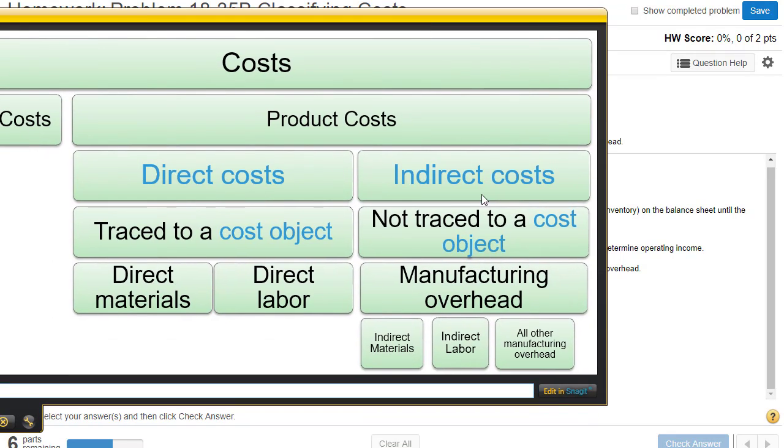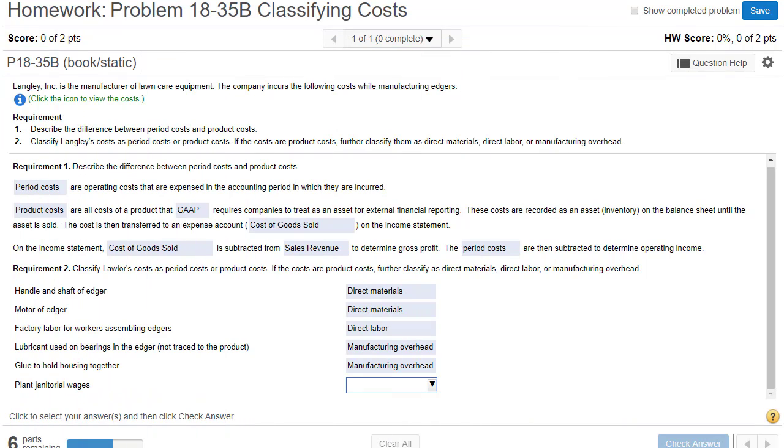So that is an indirect cost, and specifically it's indirect labor. The reason it's an indirect cost is we cannot trace the janitor's wages to a specific edger. We don't measure how much goes to each edger. So that is manufacturing overhead.